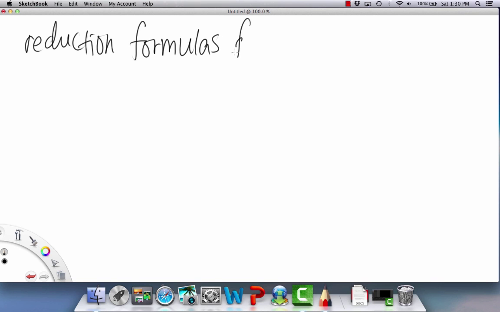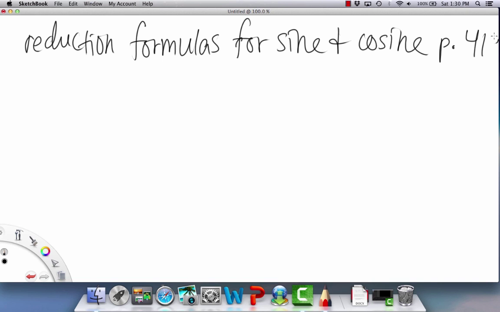The reduction formulas for sine and cosine happen to be on page 419 of your textbook. I don't want to take up your time writing them all out because they're lengthy, but they're pretty simple to apply when you're given an integral to evaluate. So that's kind of self-explanatory.